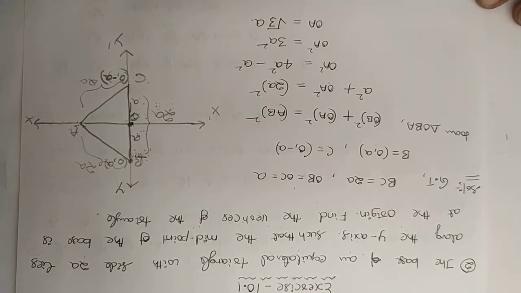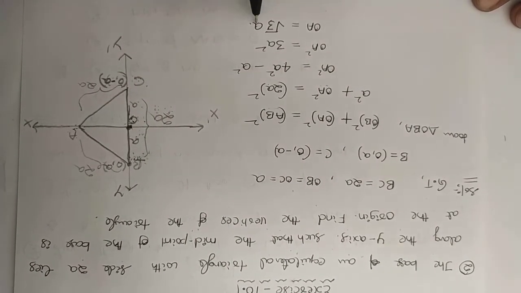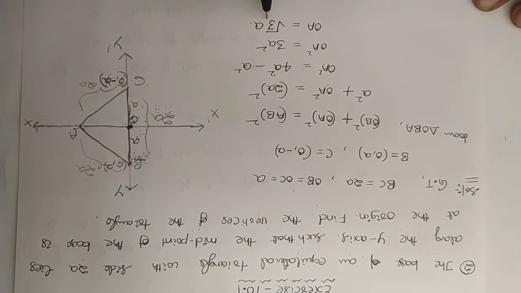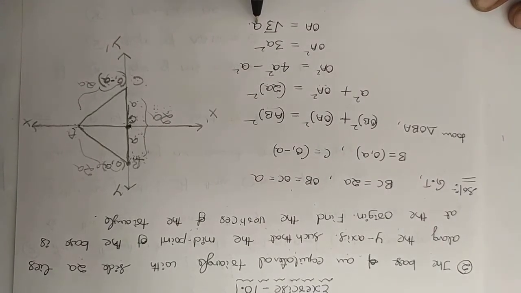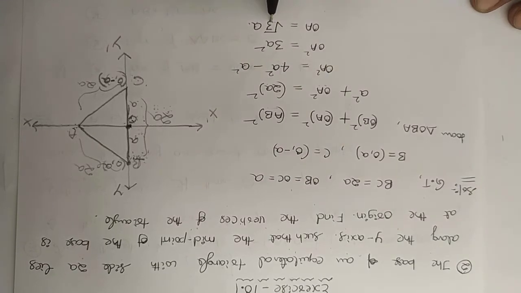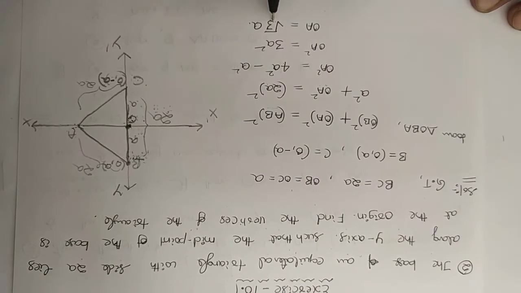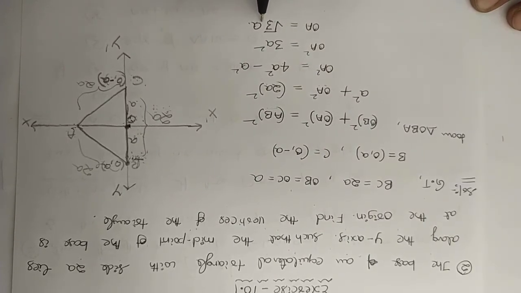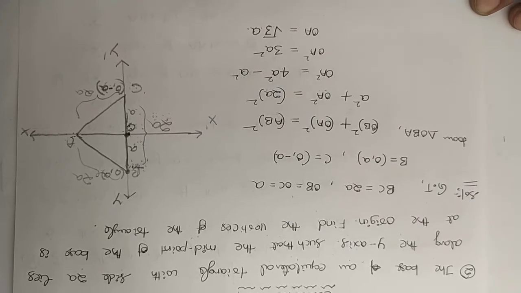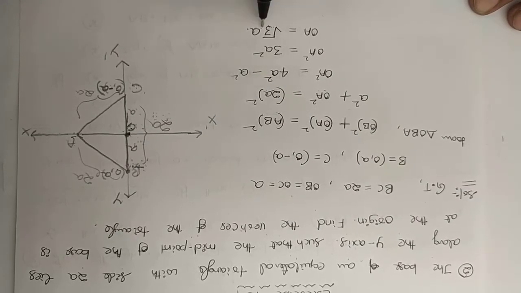Many of you will write the a inside the square root, so make sure that root 3 is different and a is different. This a should not come under the square root. Root 3 into a it is. It is not root 3a. Root 3 into a. Yes, we found the side root 3 into a.